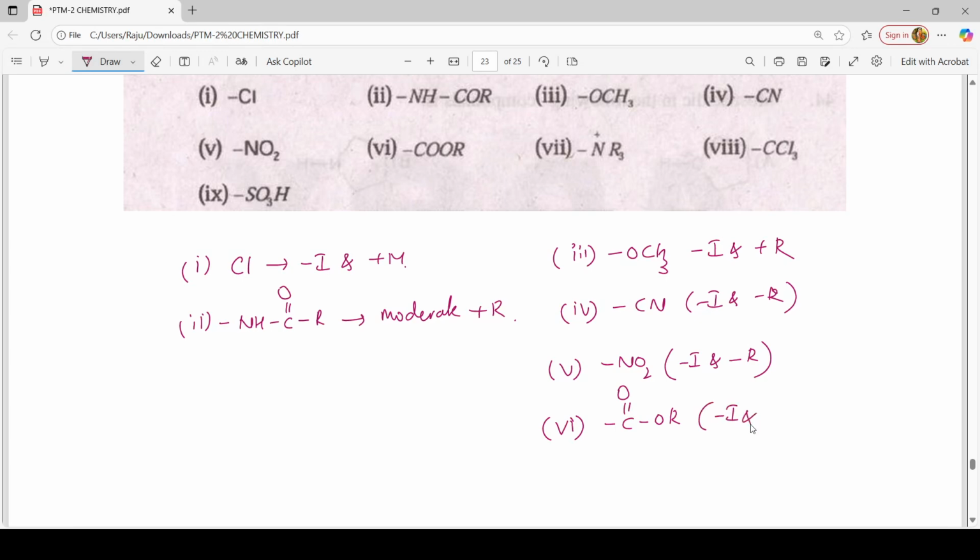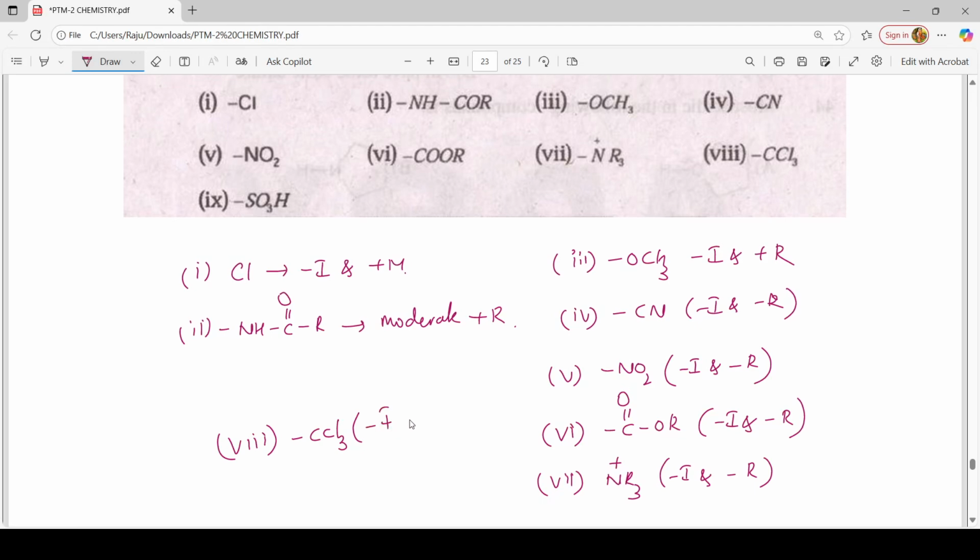Ester is also minus I and minus R. And NR3 plus, this is also minus I and minus R. Come to the case of CCl3, minus I and minus R. SO3H, minus I and minus R. 6 is the answer.